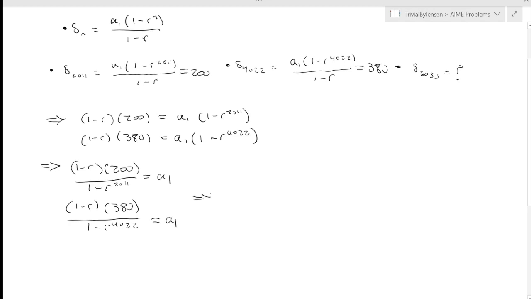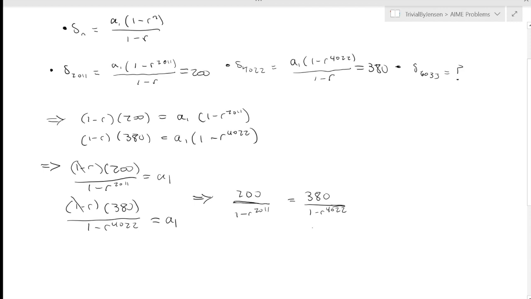So now we can set these equal to each other, and the 1 minus r's will cancel out, so you just have 200 over 1 minus r to the 2011 equals 380 over 1 minus r to the 4022.